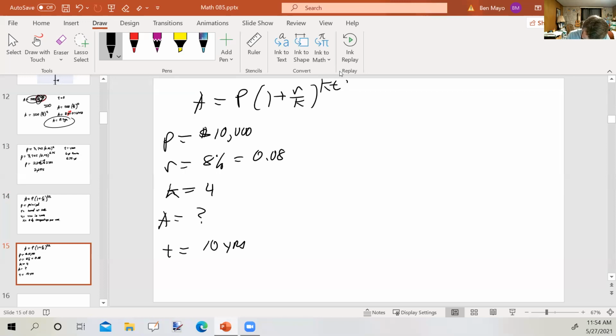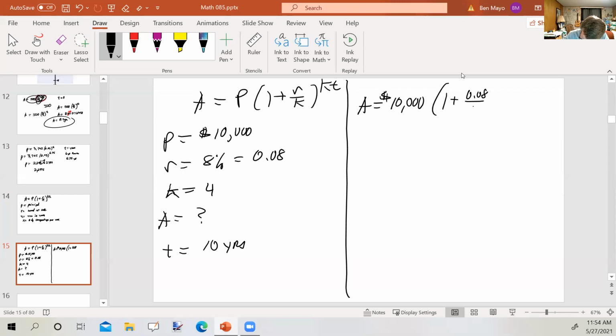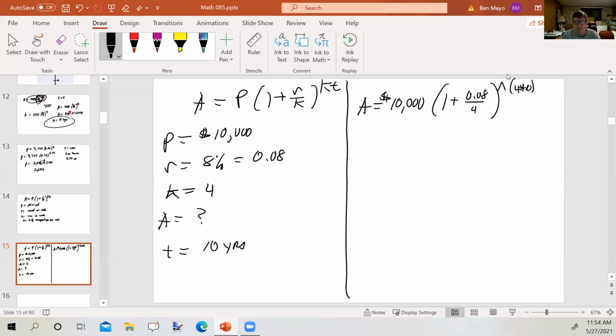Okay, so A equals $10,000 times 1 plus 0.08 over 4 to the 4 times 10 power.